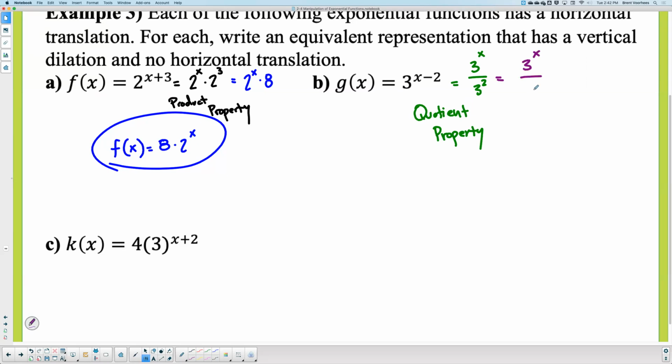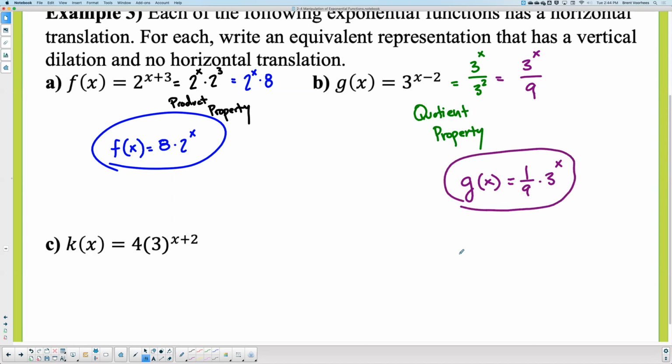So 3 to the power of x divided by 9. And to finally rewrite this, I'm going to say g of x equals, I'm going to make the a be distinguishable, I'm going to say a is 1/9 times 3 to the power of x. Would that be growth or decay? Growth. A, it just matters if it's positive or negative. Is that positive? Yes. Positive, bigger than 1, it's growth.